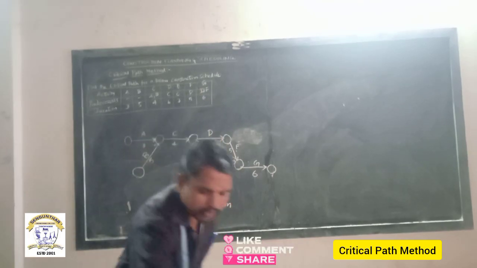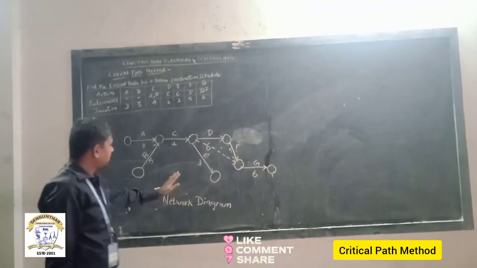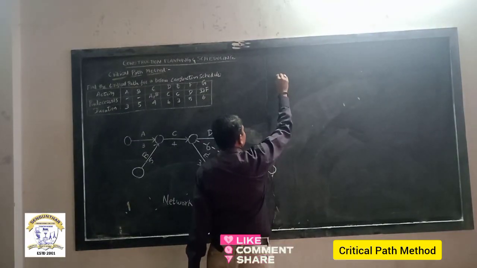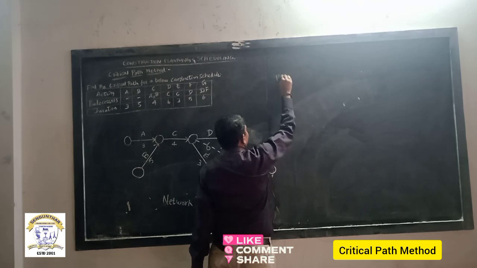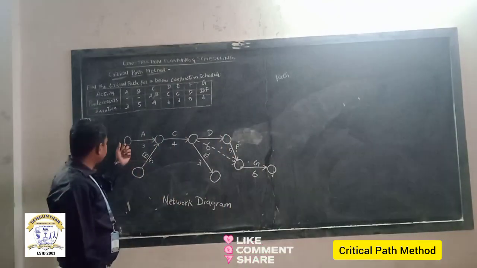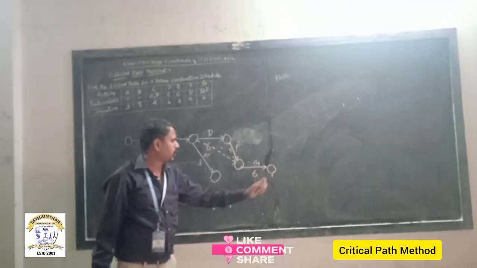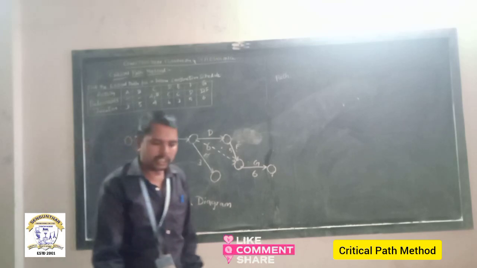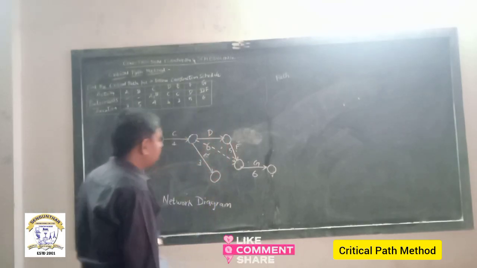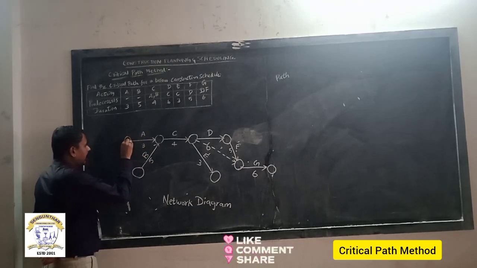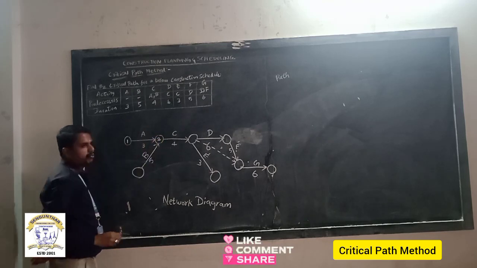Right. After completing the network diagram for the critical path, now I identify the paths. What are the paths available to complete the project, starting from activity A and ending with activity G? Before that, I go into numbering the events. See, which one is the first activity? This is the first activity. I made event number 1 and event number 2.